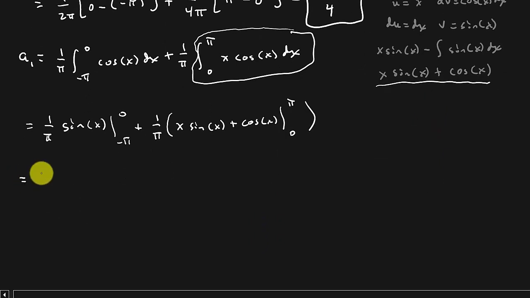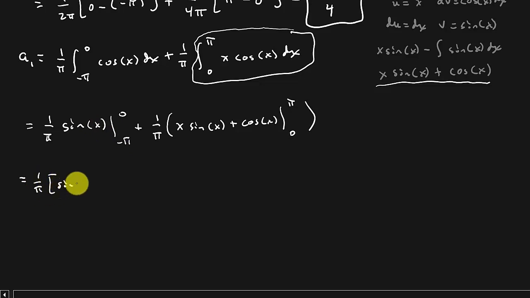And so this, hopefully you can see this whole term here is 0. Okay, the sine of 0 is 0. The sine of negative pi is 0. Okay, we'll go ahead and plug it in on this one.